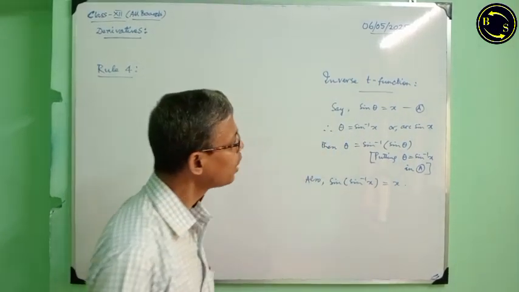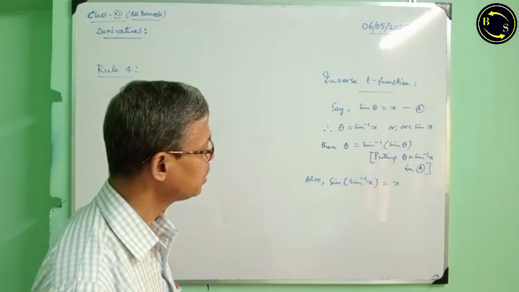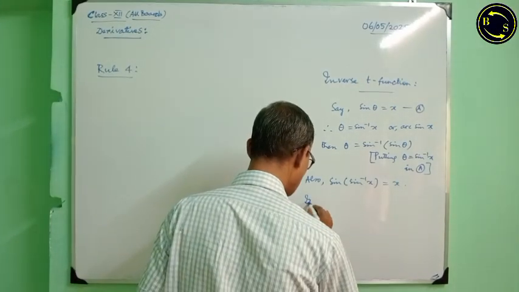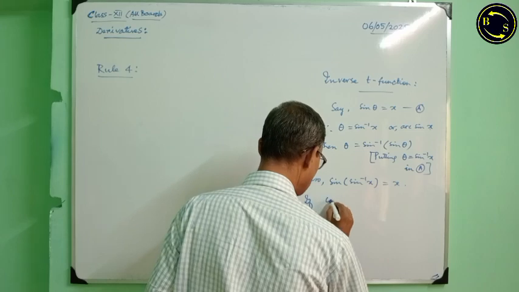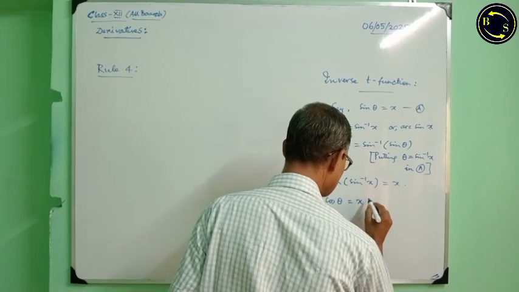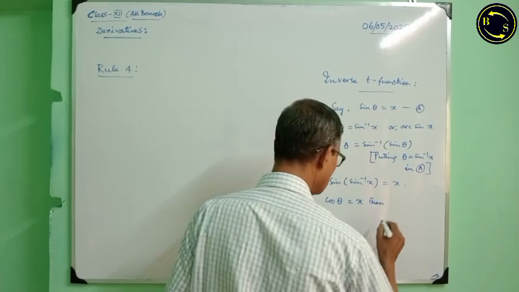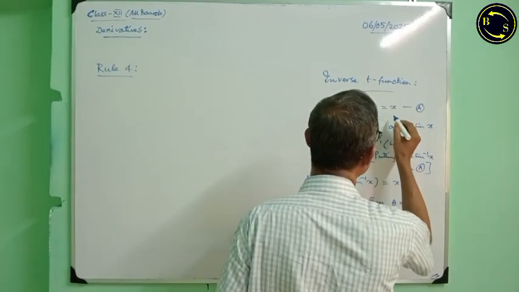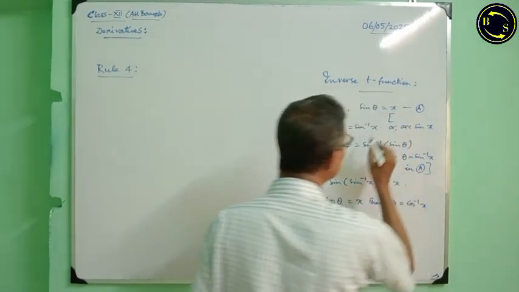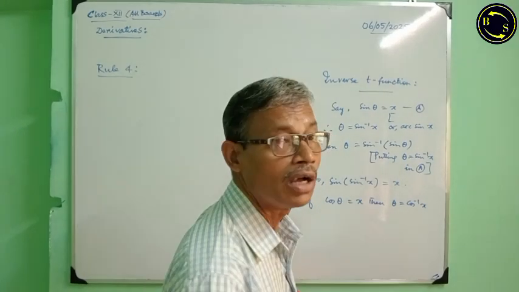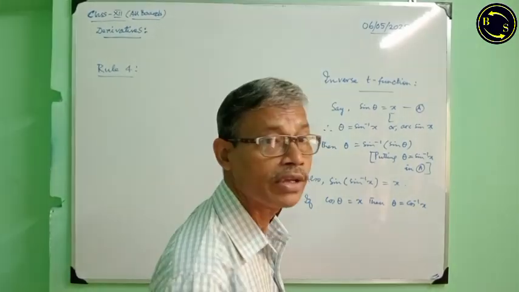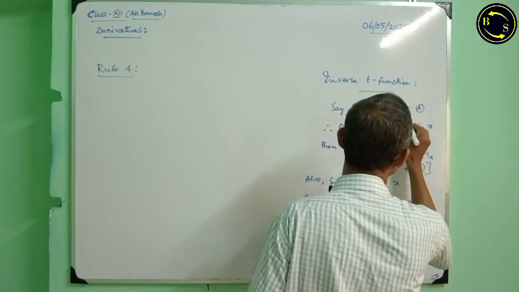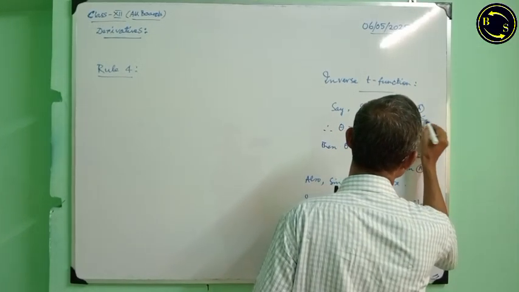Now, for any trigonometric function, we can apply this idea. If cos theta equal to x, then theta equal to cos inverse x. Remember, sin theta, already you know that least value of sin theta is -1 and greatest value is 1. Therefore, -1 less than equal to x less than equal to 1.